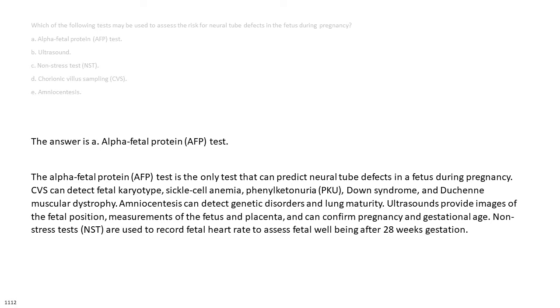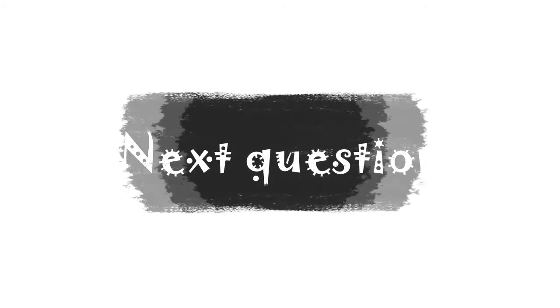Amniocentesis can detect genetic disorders and lung maturity. Ultrasounds provide images of the fetal position, measurements of the fetus and placenta, and can confirm pregnancy and gestational age. Non-stress tests, NST, are used to record fetal heart rate to assess fetal well-being after 28 weeks gestation.